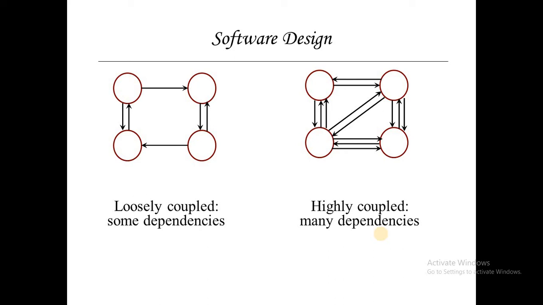That's why the first one is loosely coupled, and the second one is highly coupled. Coupling means how two modules are dependent on each other, the relationship between the modules, and the degree of interdependency between the modules. These are the two types of coupling: loosely coupled and highly coupled.